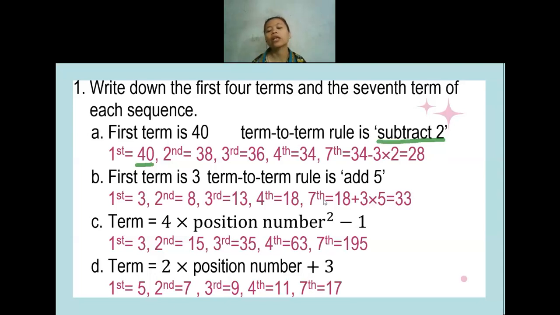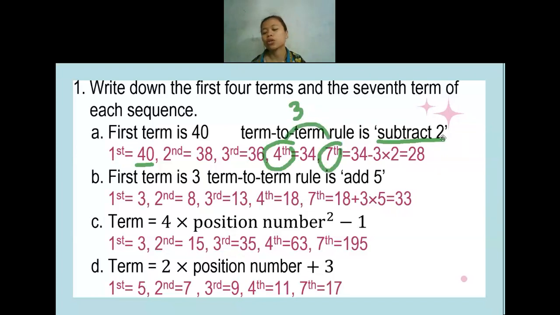If we are going to find the 7th term, it's okay if you want to make a list, finding the 5th, then the 6th, so later you can find the 7th. That is also okay. But here, I will just directly jump from 4 to 7. From 4 to 7, the difference is 3. We need to multiply it by the term-to-term rule given.